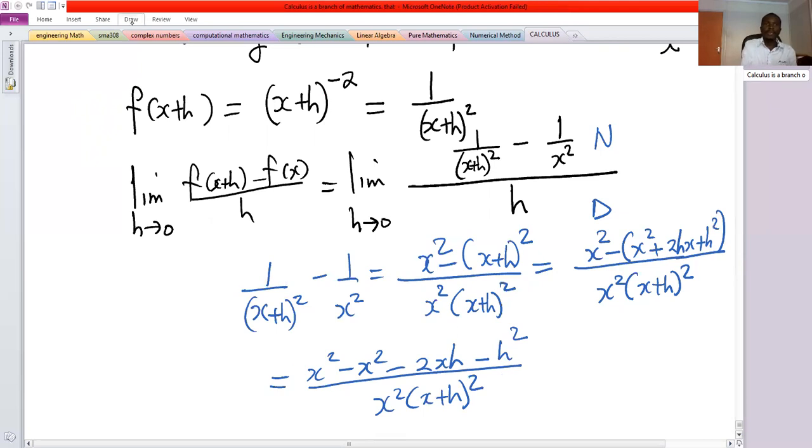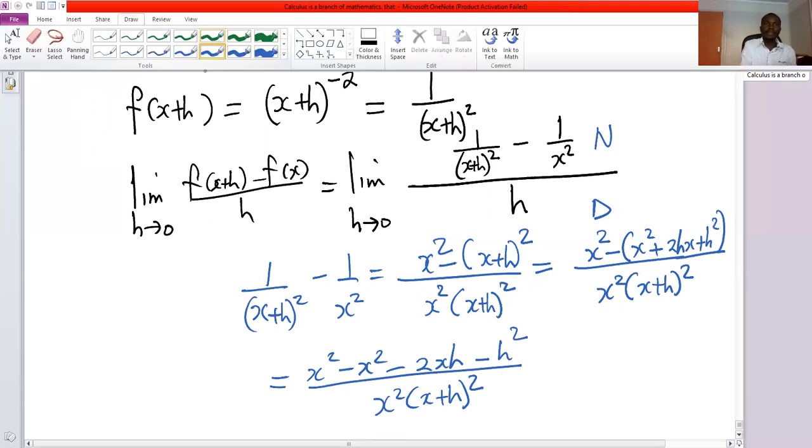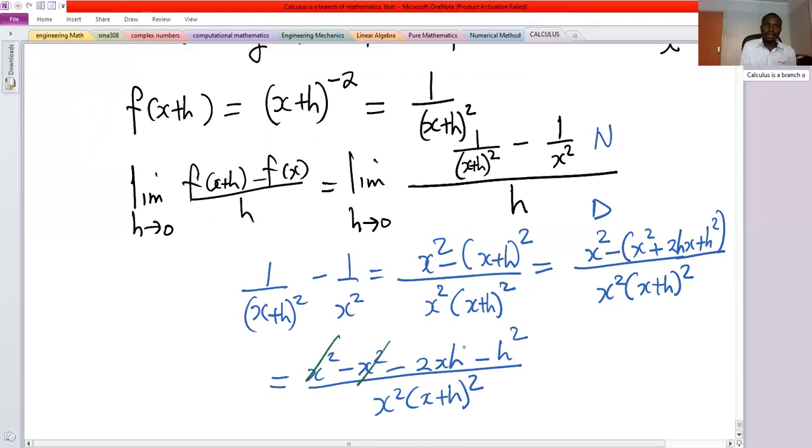And you see this cancels out, so that we have negative 2xh minus h squared divided by x squared times x plus h squared.